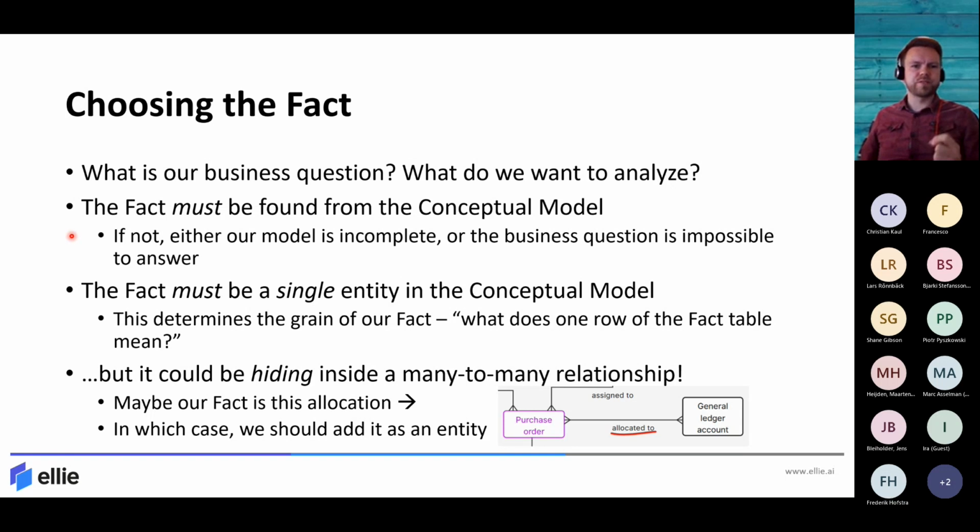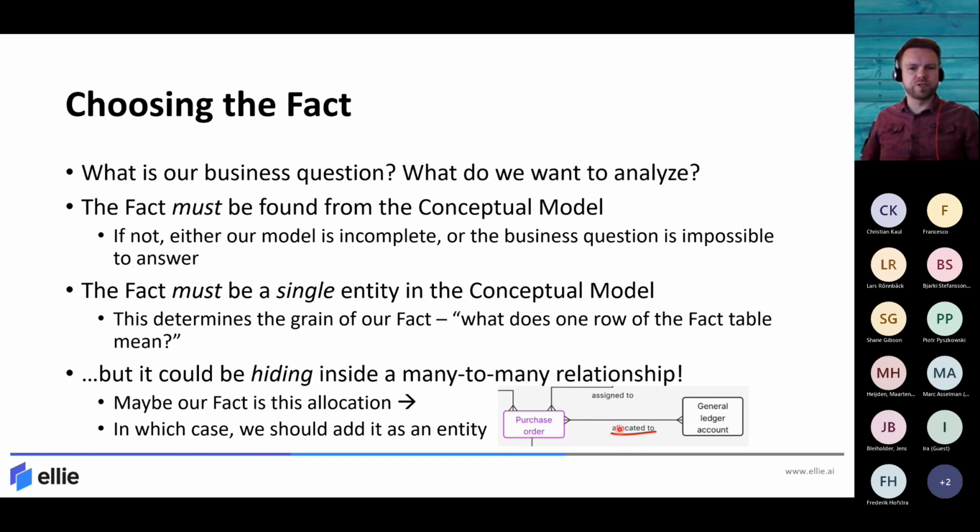There must be a single entity in the conceptual model that will form the basis of our fact in the upcoming star schema model. The choice determines the grain of the fact. So what is the level of data we have? What does one row of the fact table mean? If we point at an entity and say this is the fact, then one row in the fact table means that.